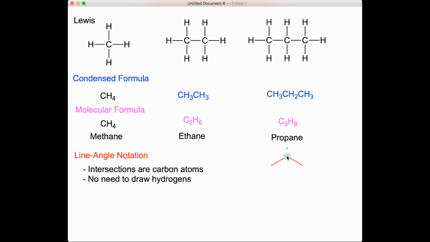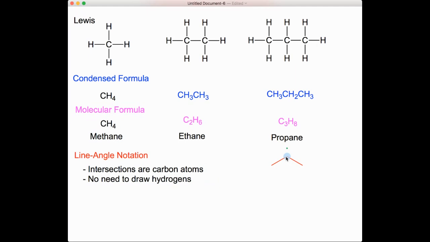This carbon right here in the center, how many hydrogens do I have on that carbon? The one that I'm pointing out here on the slide. Okay, two hydrogens, because this carbon is bonded to 1 carbon here, that's one bond, and 1 carbon here, that's another bond.